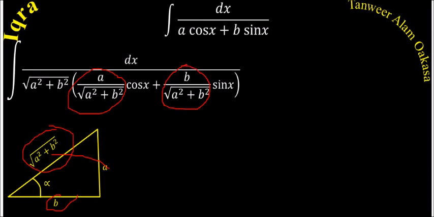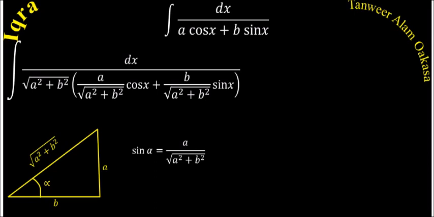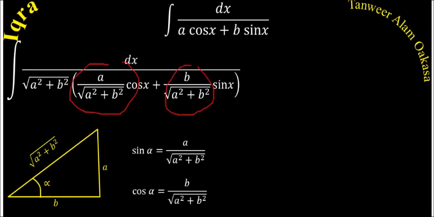So this is the way I am simplifying this. I have sine alpha equal to A upon this hypotenuse, and cos alpha equal to B upon hypotenuse. So I put the values of sine alpha and cos alpha in this equation, and then I have the formula sin alpha cos x plus cos alpha sin x, which I know is sin of x plus alpha.